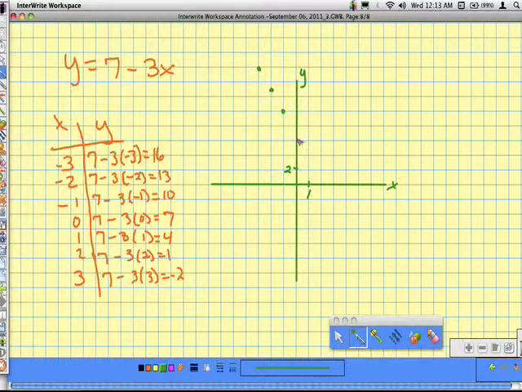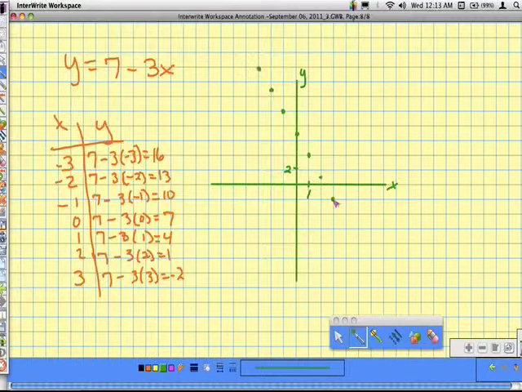And what do we have? 1, 4. So 1 to the right, 4 up. 2, 1. So 2 to the right and 1 up. And 3, negative 2. So we go 3 to the right and down 2. So this one, we actually lucked out.